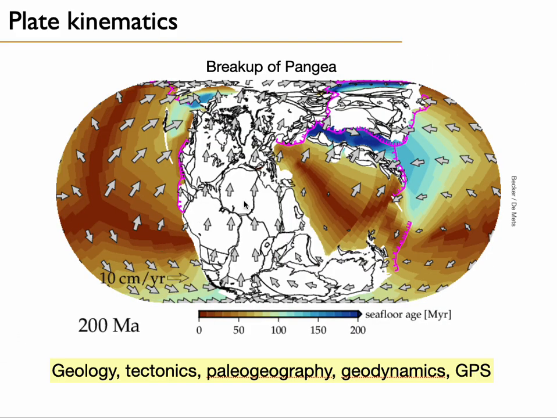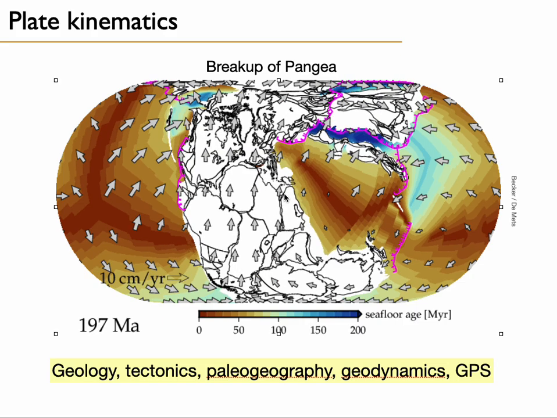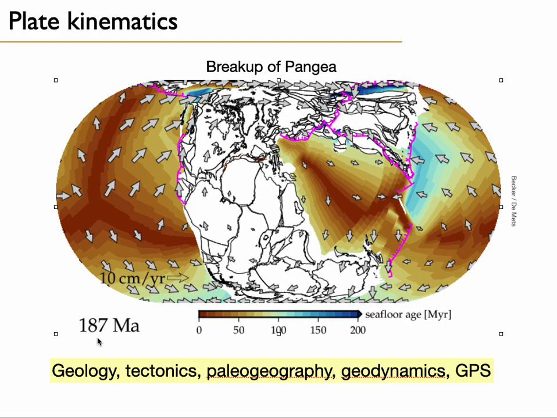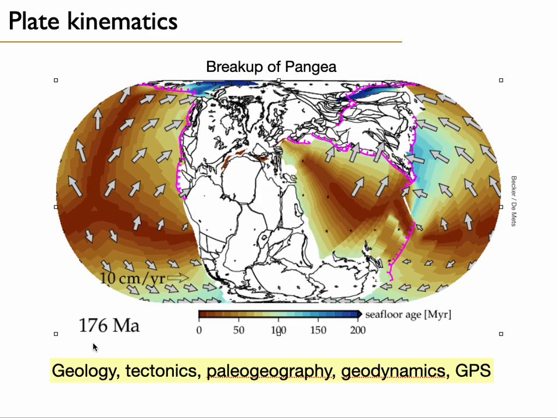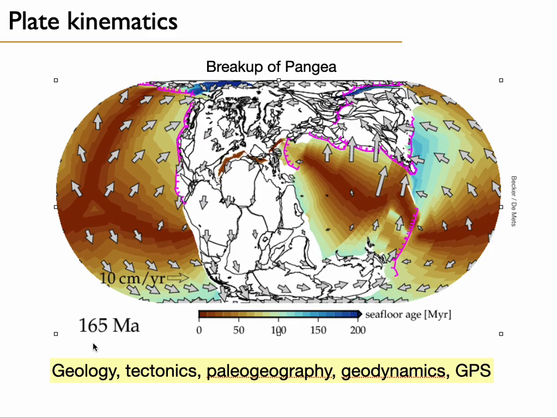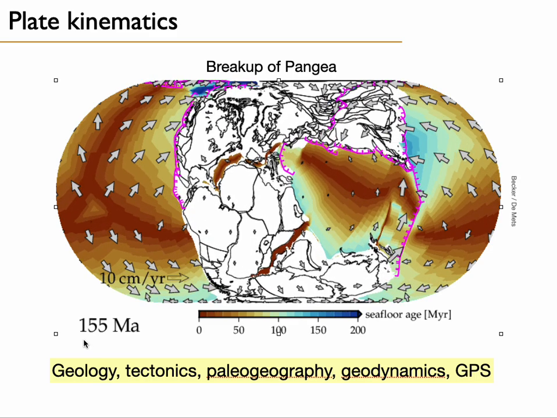Another very nice movie I want to show you here is the breakup of Pangea. This is the result of a plate tectonic reconstruction that actually combines all the data that is nowadays available. So the movie starts at 200 million years. You see Pangea is here and it's going to run forward in time until the present, and you will see some very important processes happening.